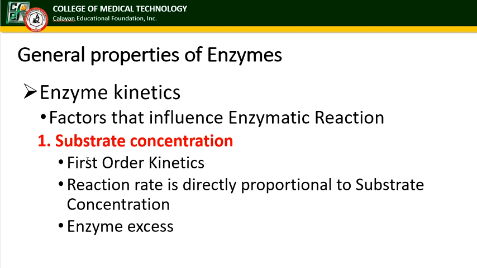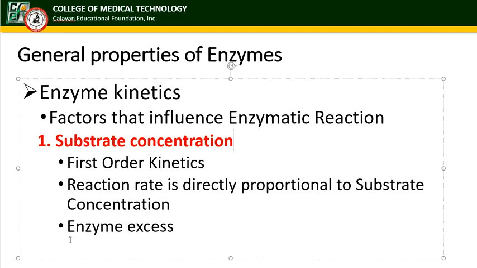So, tandaan, first, F-I-R-S-T, substrate. First, substrate. So, first order kinetics is substrate concentration. So, the reaction rate is directly proportional to the substrate concentration. So, yung speed ng ating biochemical reactions ay nakadepende kung gaano kadami yung ating substrate.